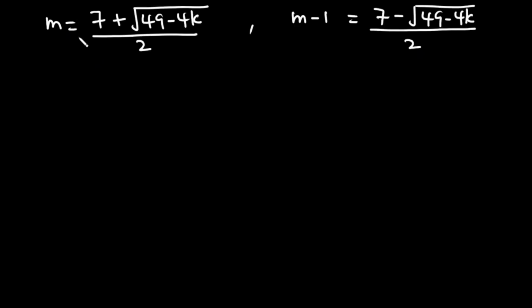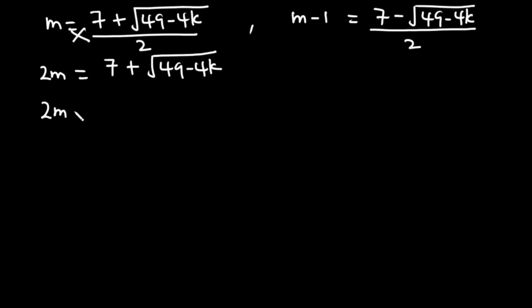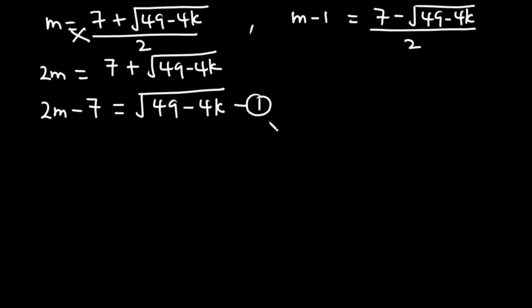So let's cross multiply. 2 times m is 2m, and it's equal to 7 plus the square root of 49 minus 4k. Let's transpose 7 to the left hand side, so that we have 2m minus 7 is equal to the square root of 49 minus 4k. Let's call this equation 1.